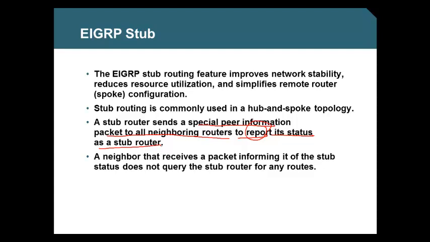The neighbors that receive this special info of the stub status do not query the stub routers for any routes. So if a router says I'm a stub, receive only, it is ready to serve. That's the meaning. I'm a stub, receive only. I will only get, I won't give. That's the meaning.